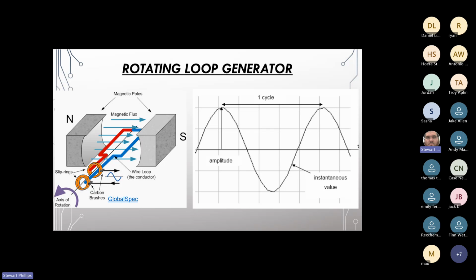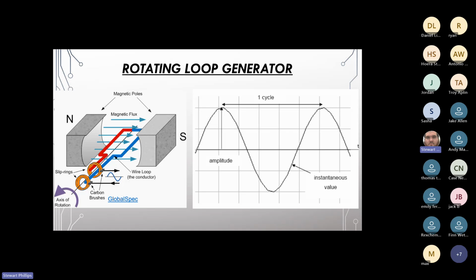The current flowing through the red side of the wire, if this was a motor, would be flowing towards us. Now, if we treat this as a generator like it is, we point our index finger from north to south, and if the red is going up, then the current would be flowing away from us. I know it's awkward to spin your hand around, but if you point your finger towards your screen and point your index finger from north to south, and the red conductor is moving upwards, then the current is flowing away from us in the red conductor.